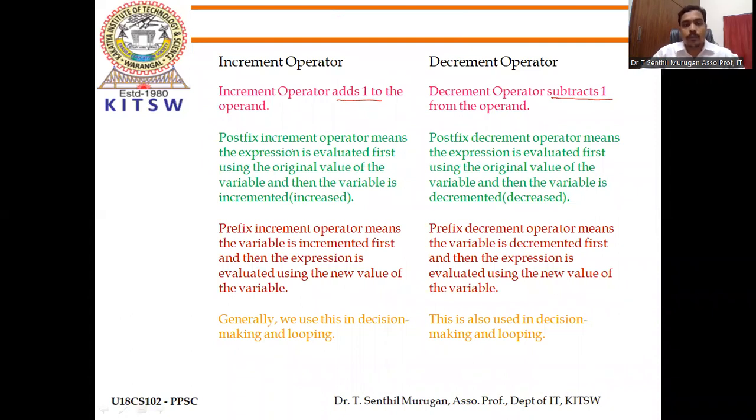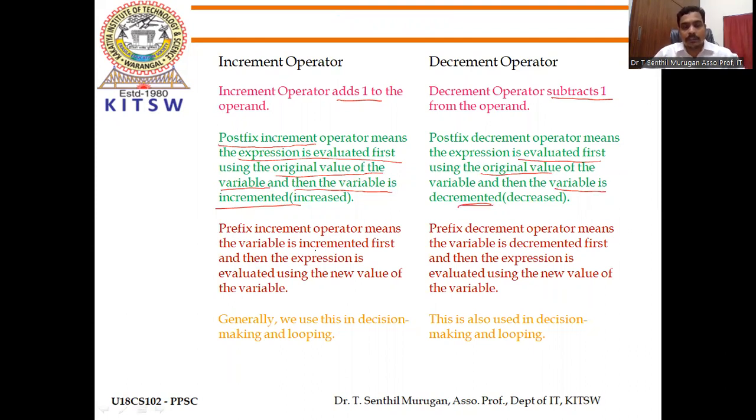So the postfix increment operator, what will it do? The expression is evaluated first using the original value of the variable, then the value of the variable is incremented. Decrement is the same: evaluated first with the original value, after that the variable value is decremented.